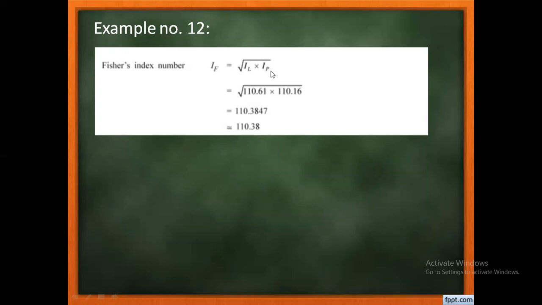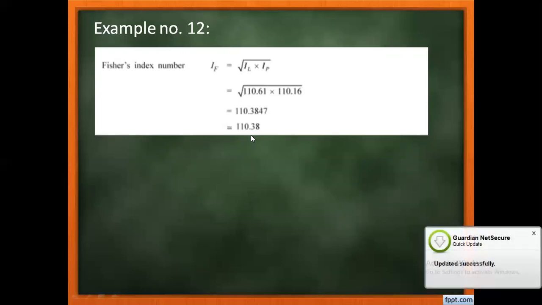IL, as you know, is the Laspeyres index number. IP is the Paasche index number. 110.61 into 110.60. So multiply it and then take the root. So the answer is 110.38. So this is your example number 12.